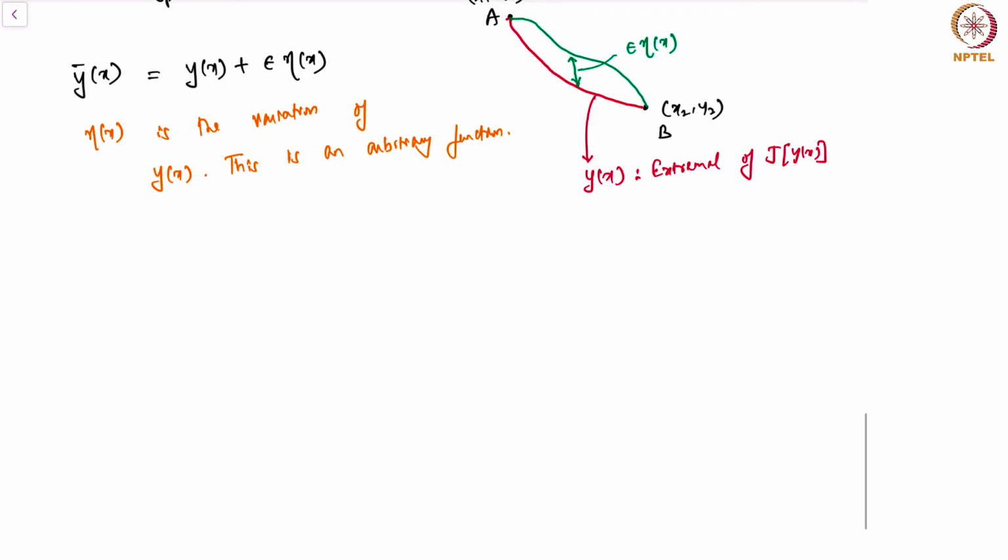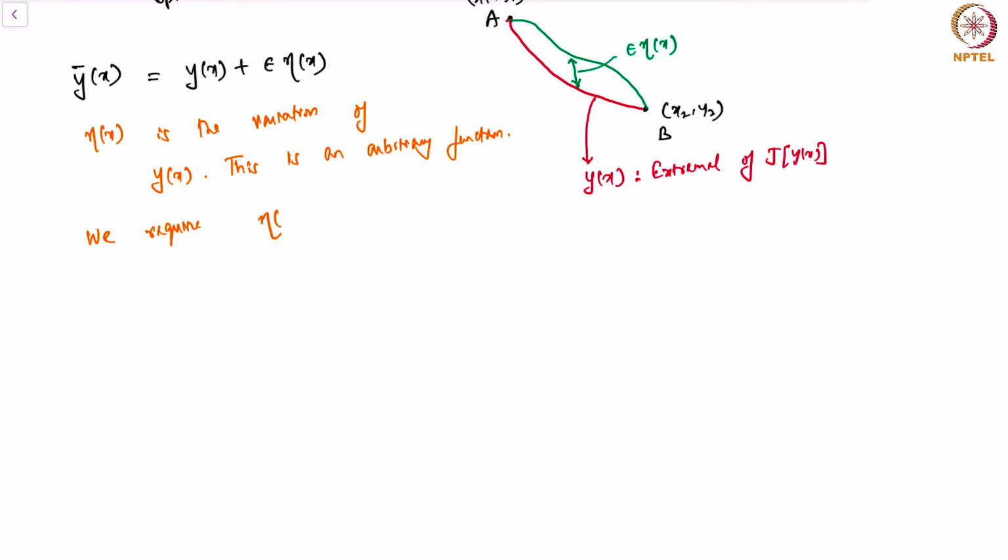Because A and B are fixed, we also require that eta of x1 and eta of x2 are 0, meaning there is no variation at the endpoints A and B. Further, we say eta of x should be continuous and twice differentiable.